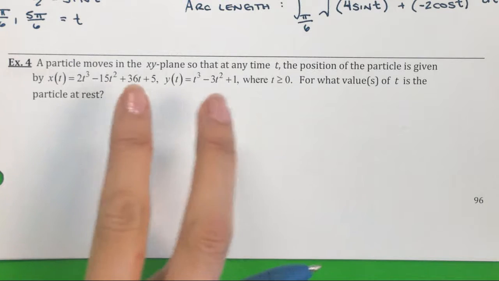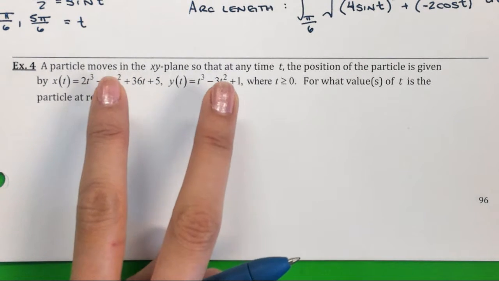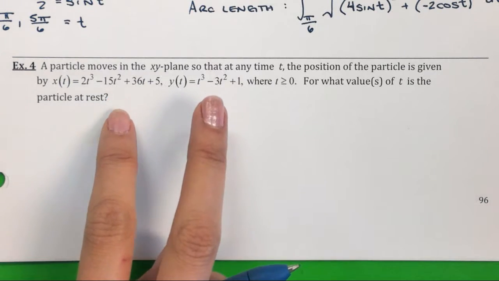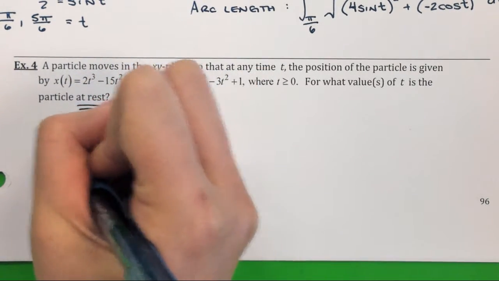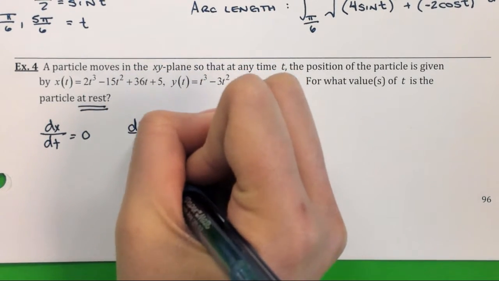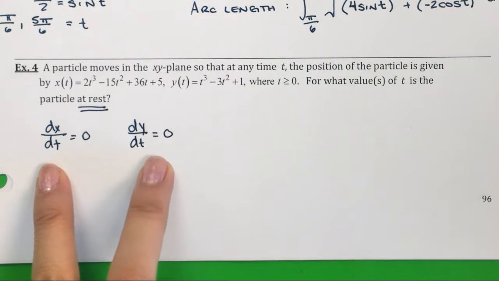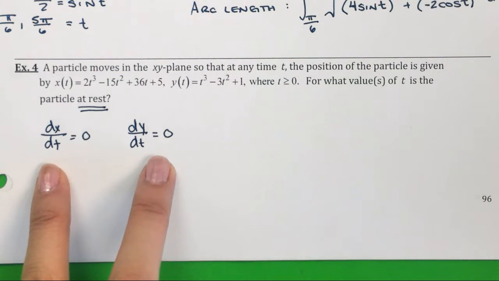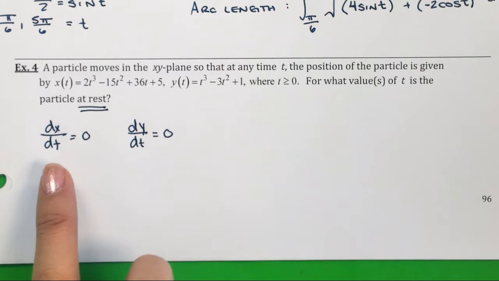But this time we've got two directions that are moving. So for the particle to be at rest, both dx/dt has to equal 0 and dy/dt has to equal 0. If they both don't equal 0, then something's moving.